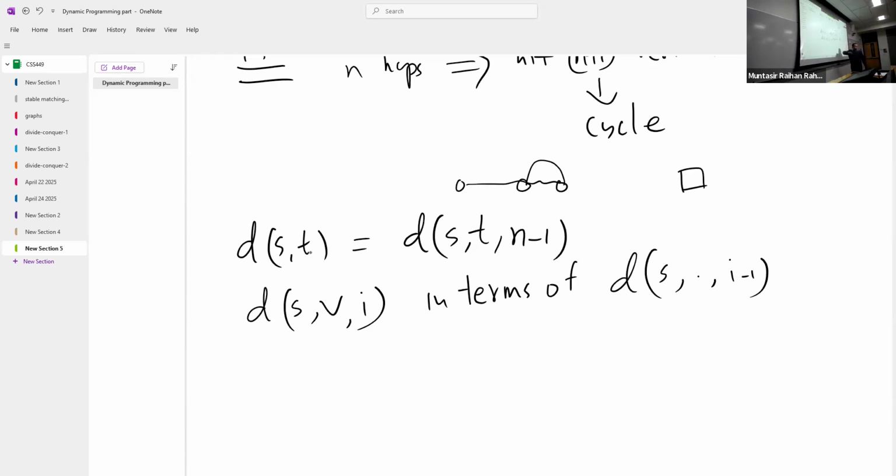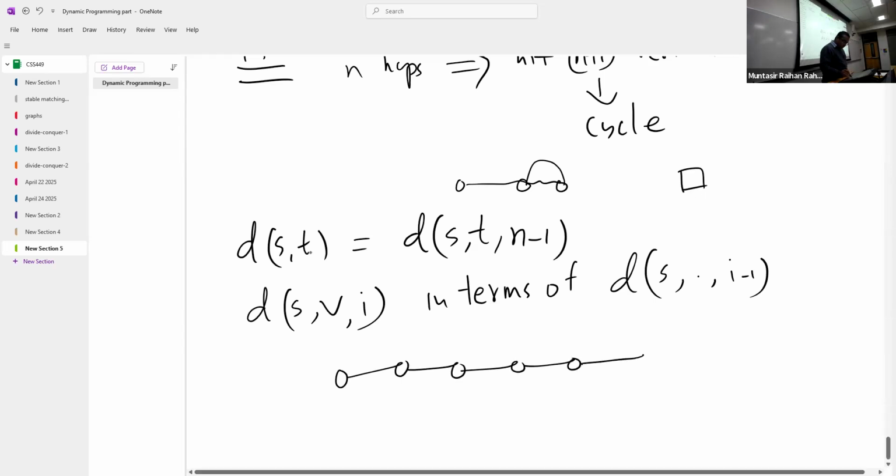Wouldn't you only care about the neighbors of V because that's your final destination? That's right. That's actually the idea here. So you're hitting the right idea.